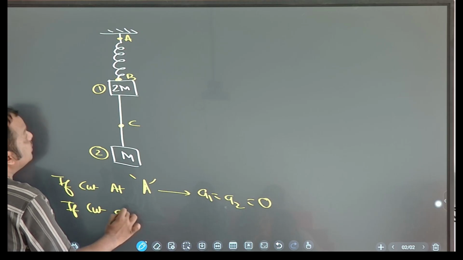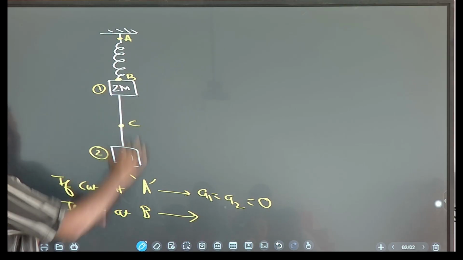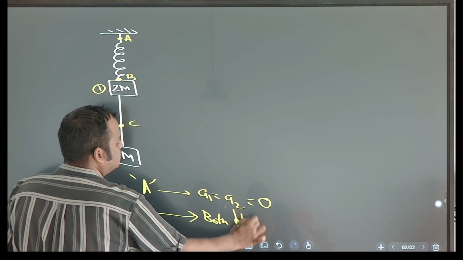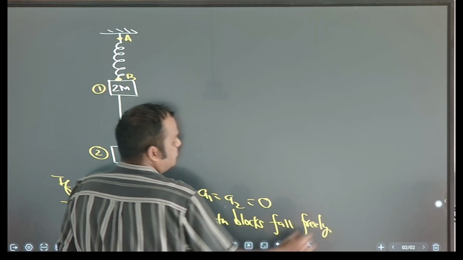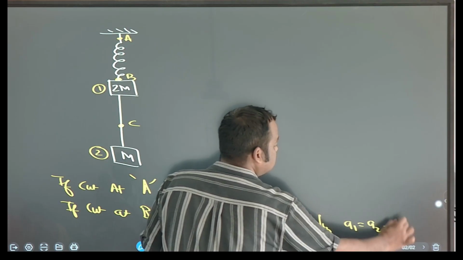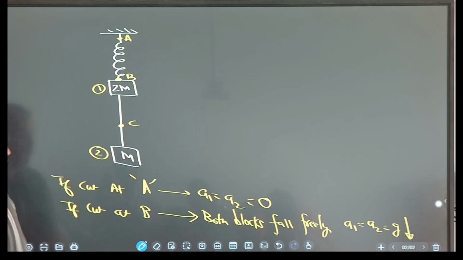If cut at B, tell me what happens? Free fall. Both blocks fall freely. Means what is the acceleration? G. Direction? Downward. So both will fall freely.